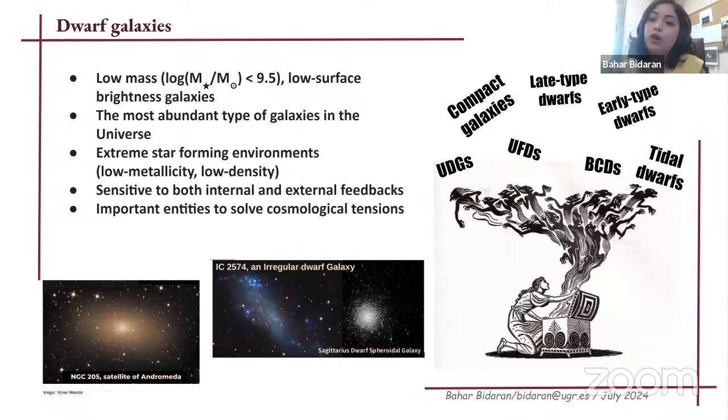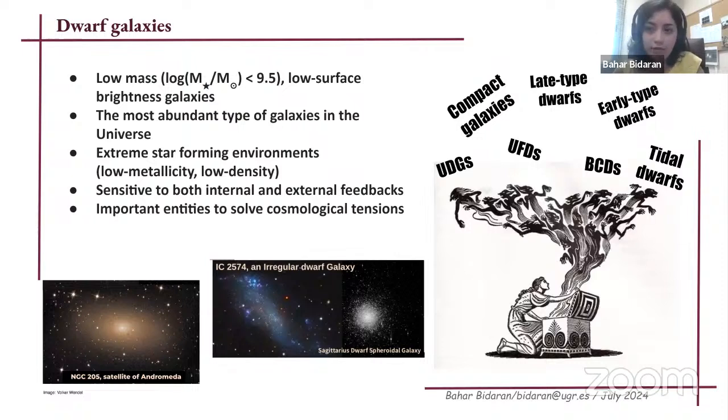But the term dwarf galaxy is a very general term, I believe, because this implies low mass galaxies, but then on the low mass end of the distribution, you have different types of galaxies with different characteristics, different evolutionary histories, and possibly different origins. You have tidal dwarfs, you have blue core dwarfs, you have ultra faint dwarf galaxies, early types, late types, compact galaxies, etc. And here I'm showing you 3 different examples.